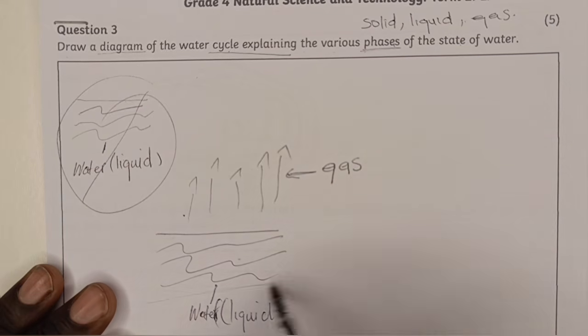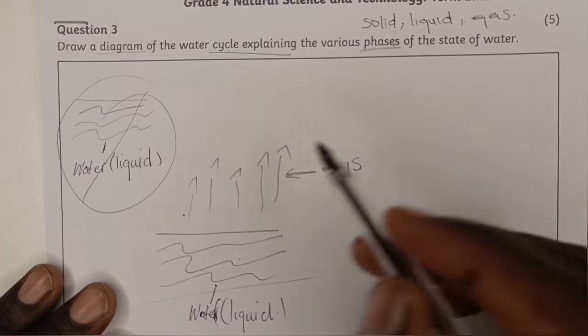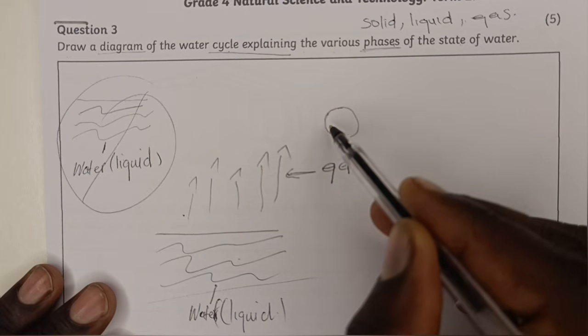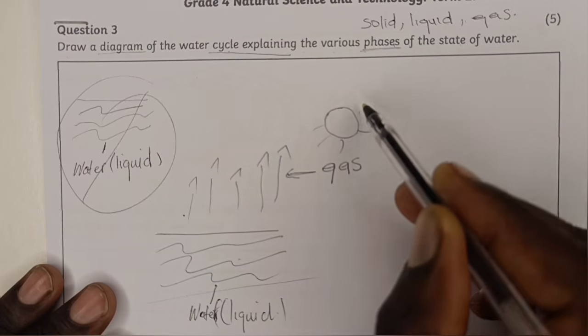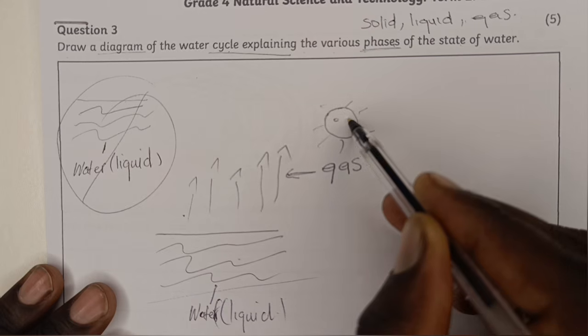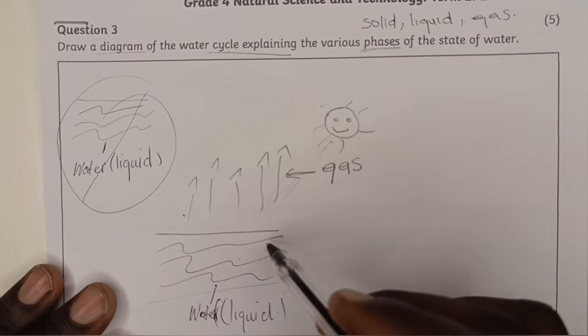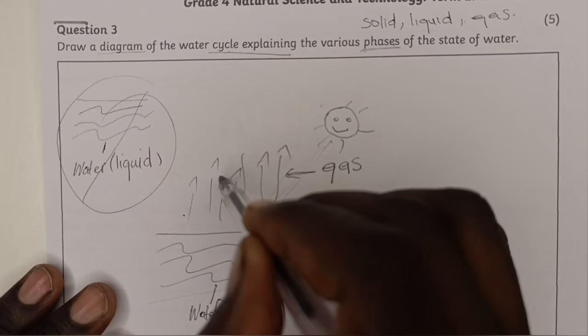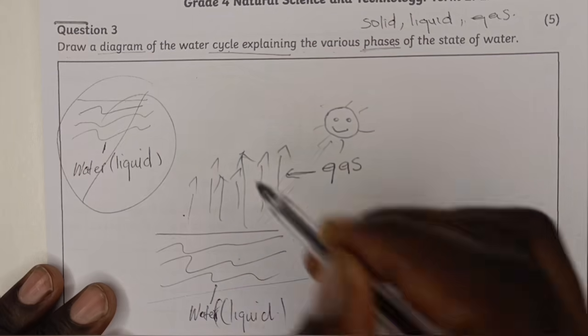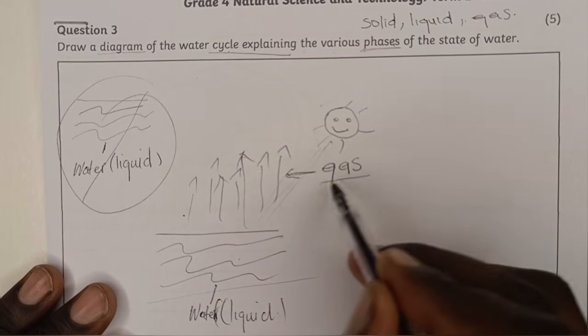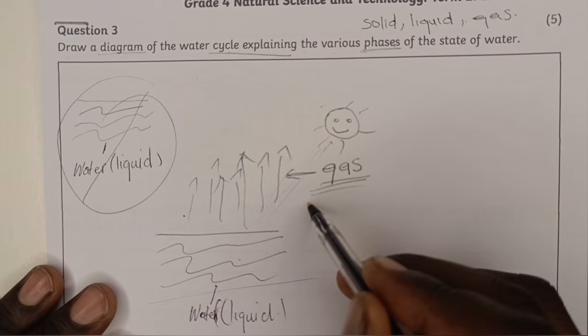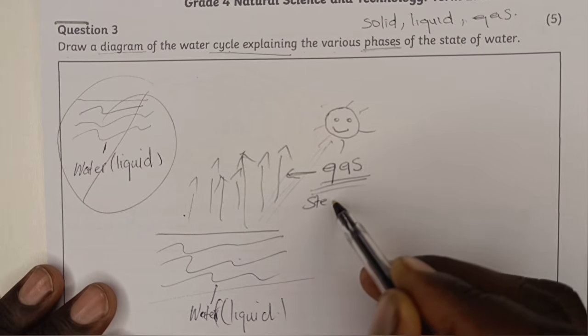So this water, when it's heated, maybe we can put a sun here. This is the sun. When our sun burns the water, it evaporates and moves up. The water becomes a gas or a steam.